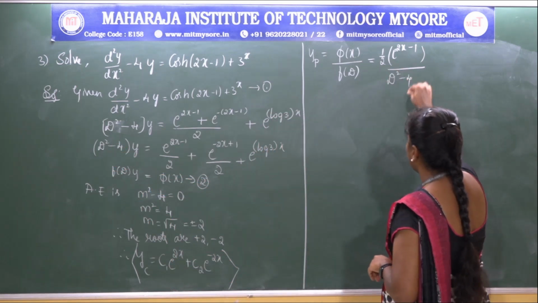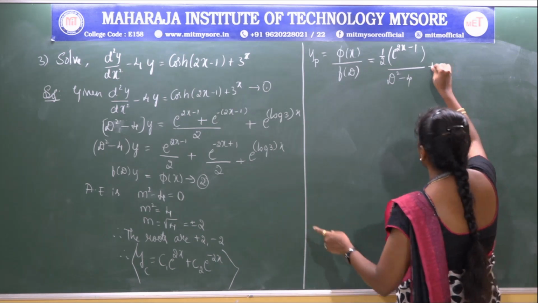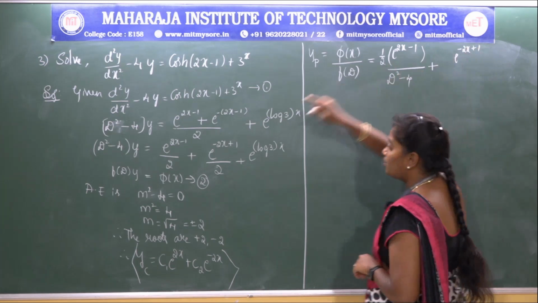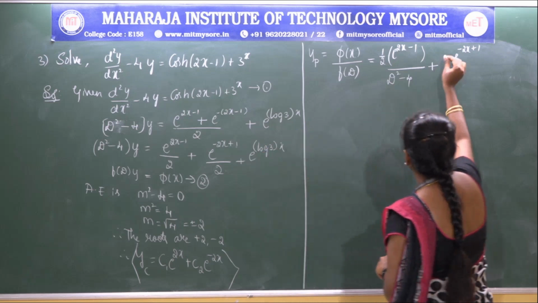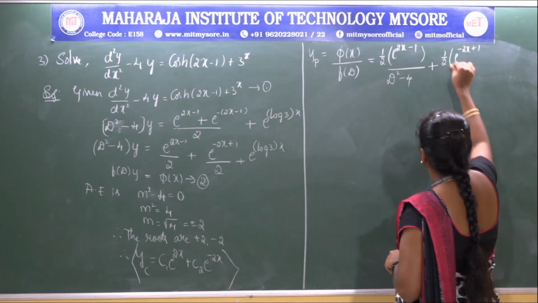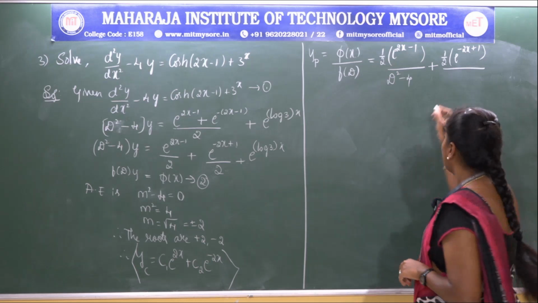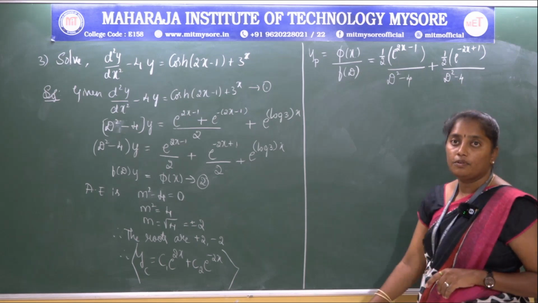Next, the second term plus e power of minus 2x plus 1 by 2. Again that by 2 can be written as 1 by 2 into e power of minus 2x plus 1 divided by f of d, that is d square minus 4.